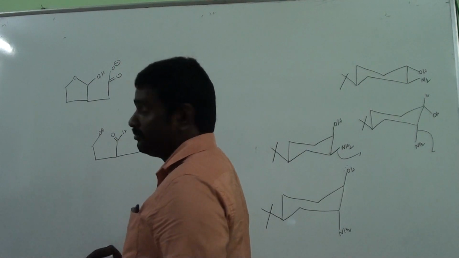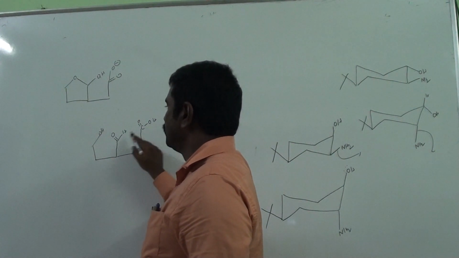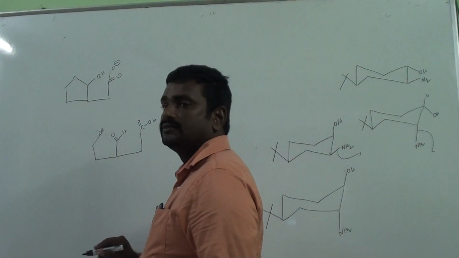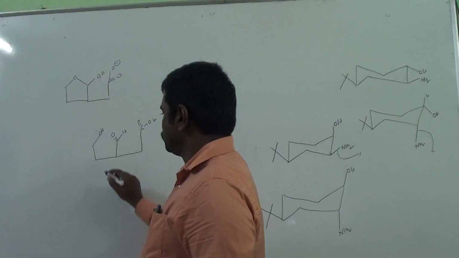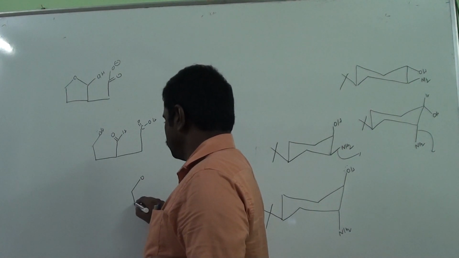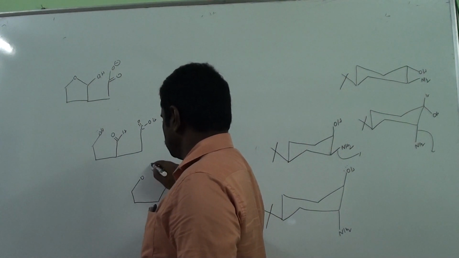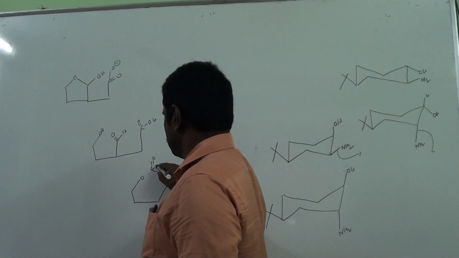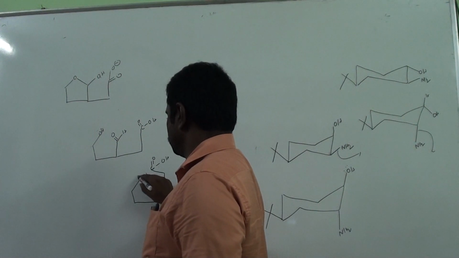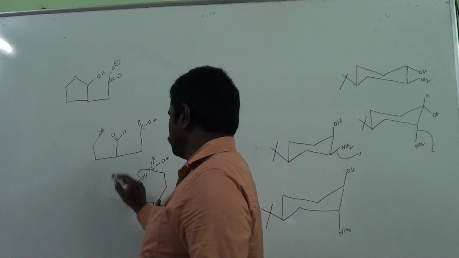Now you can do esterification again in acidic medium. 1, 2, 3, 4, 5, 6. This OH acts as a nucleophile for cyclization. Are you getting that? 1, 2, 3.